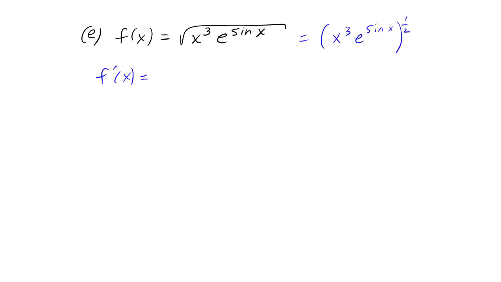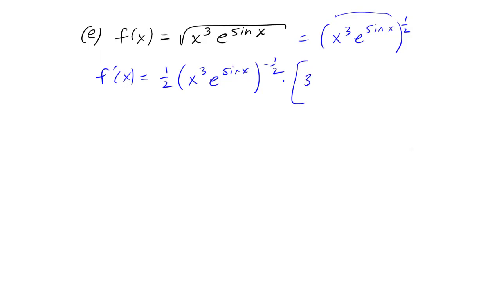So the derivative is 1/2, that something inside, to the minus 1/2, times, now I have to do the derivative of the inside here, the x cubed e to the sine x, which is a product rule.